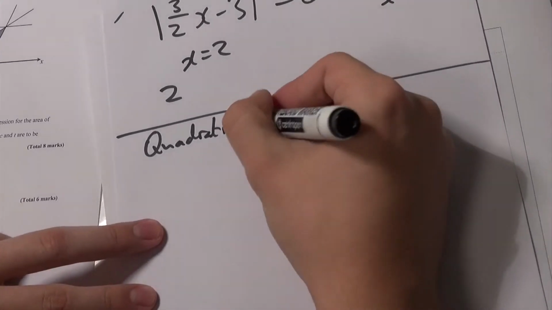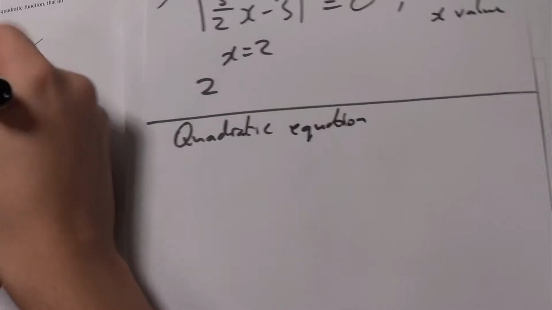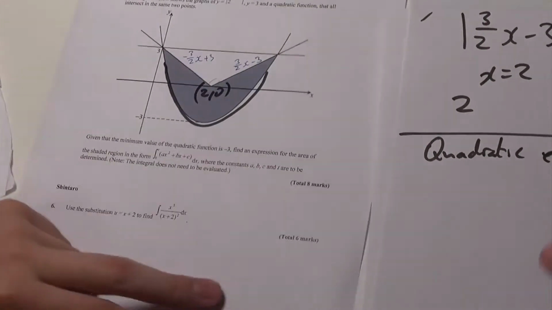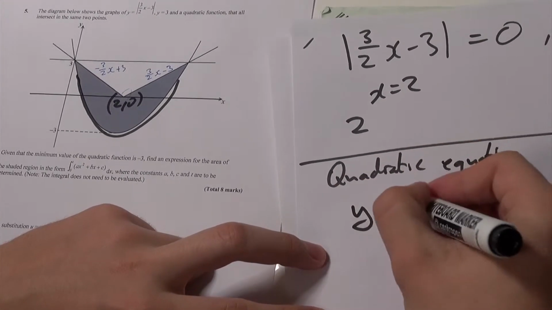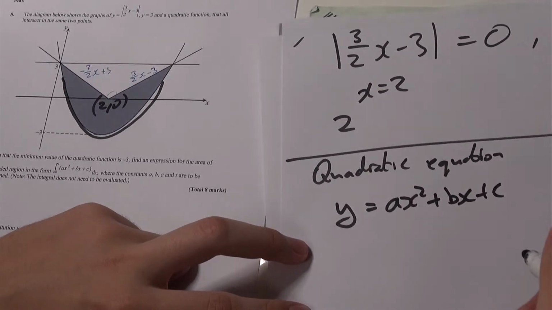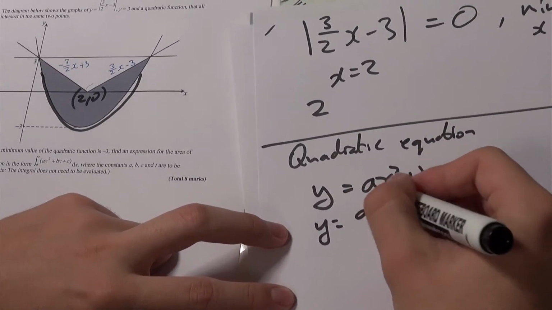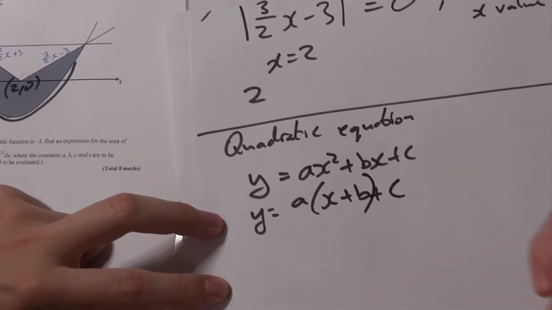So the quadratic equation of this curve right here, I'll just write that this point is 2, 0. Okay, so I'm just going to write the general form, y is equal to ax squared plus bx plus c. I'm going to rewrite this so it's easier, which is y is equal to a(x plus b) squared plus c.